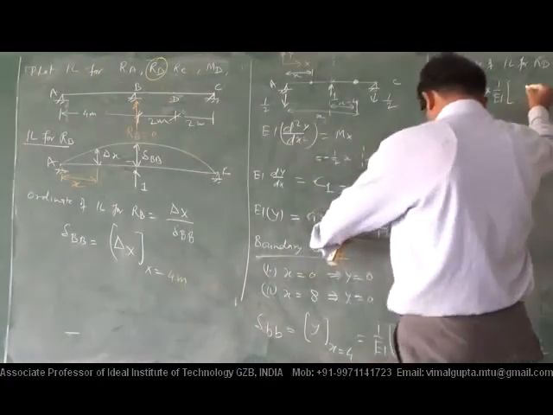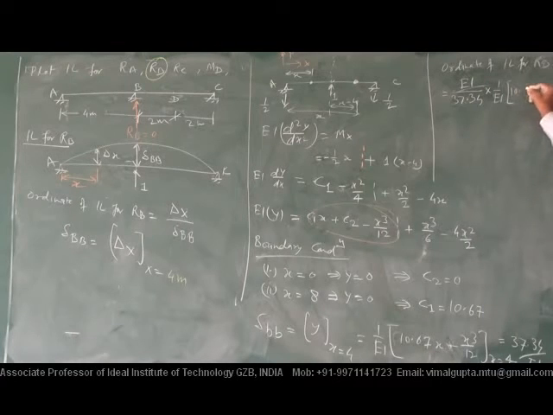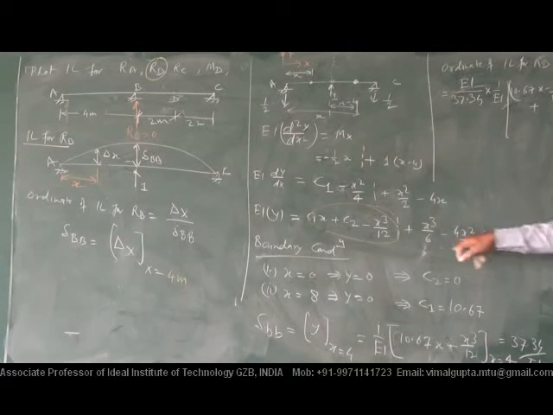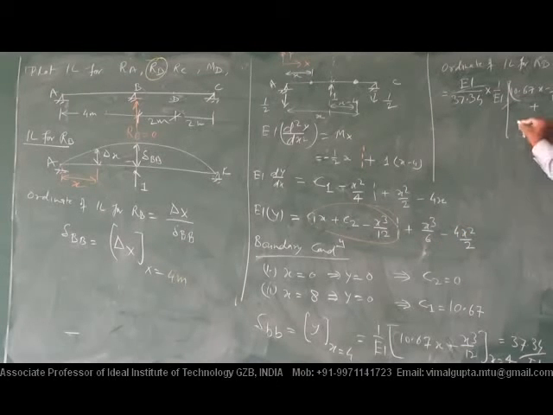So it is C1x, meaning 10.67 x minus x cube by 12, plus this segment x cube by 6 minus 4x, 2x square. Clear? EI will be cancelled out. Now you can make the table.